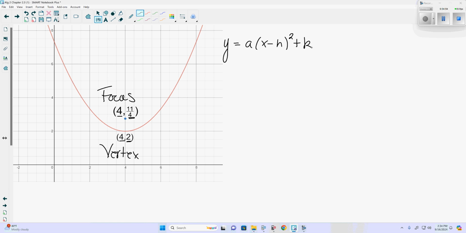So we don't necessarily need the graph. We're looking, what is the information they gave us? How is it connecting? How is it working together? In the general form, the vertex is still the point h comma k. And they gave us the focus, which is h comma k plus p.